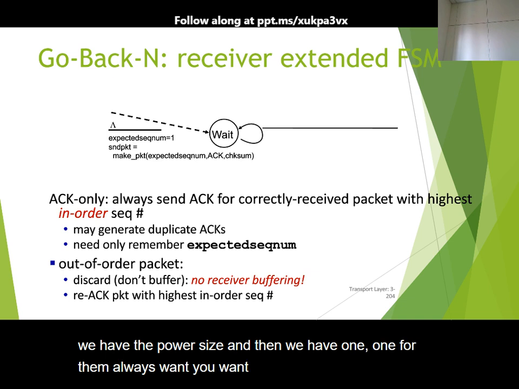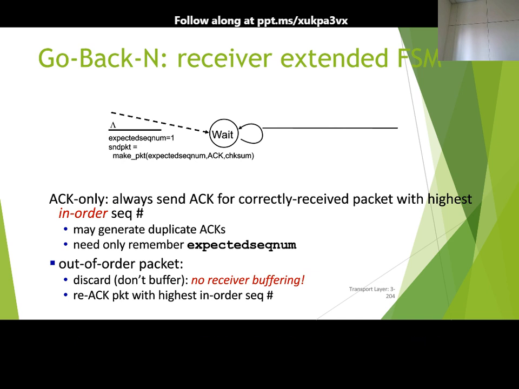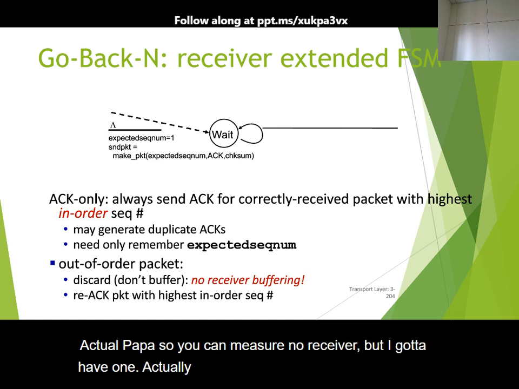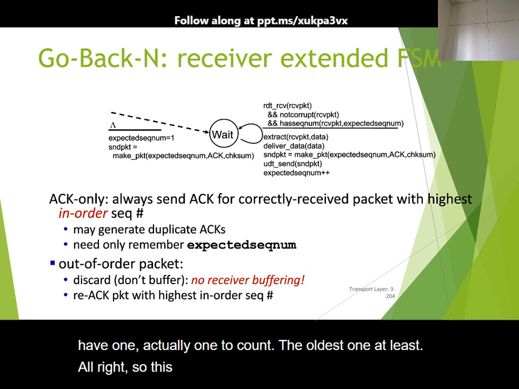In fact, that doesn't mean we have any extra buffer, so you can say no receiver buffer, but at least one to count the oldest one. So this is the receiver extended FSM for your reference.